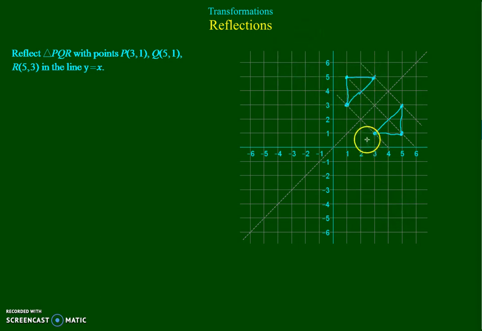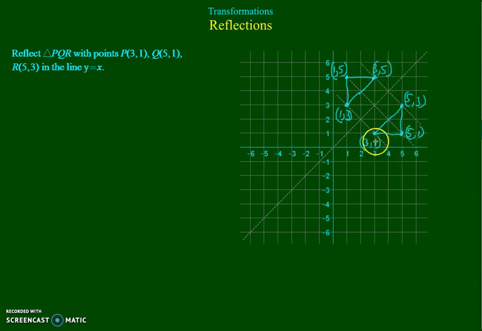This one went 3, 1, and it went to 1, 3. Well, that's interesting. Then we had 5, 1, and 5, 3. And this one went to 1, 5. And this one went to 3, 5.